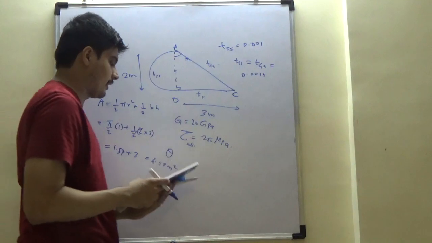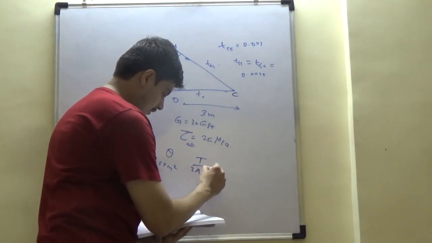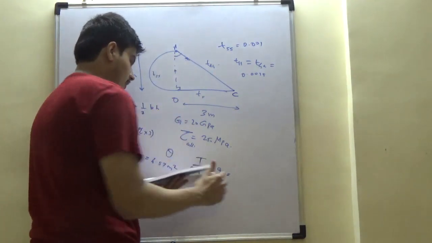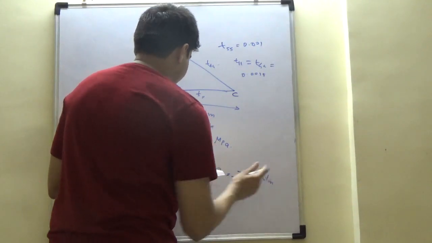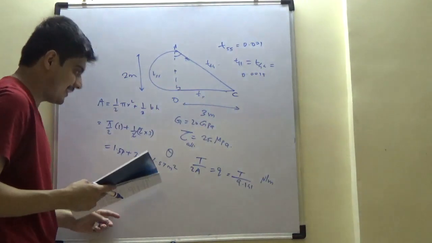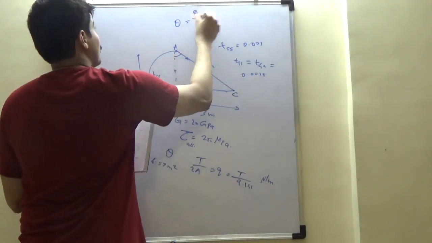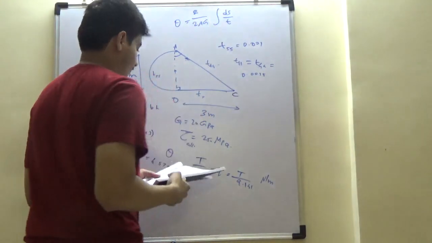See how quickly I did this calculation. Now T upon 2A is going to be Q, which is T upon 9.141 newton meter. If this is torque T, theta is nothing but Q upon 2AG integral of ds upon t.